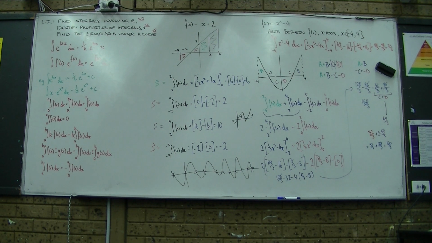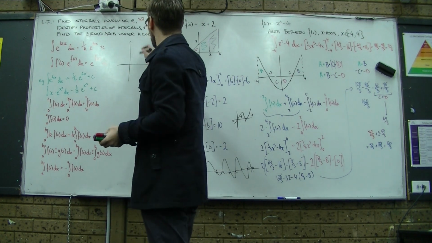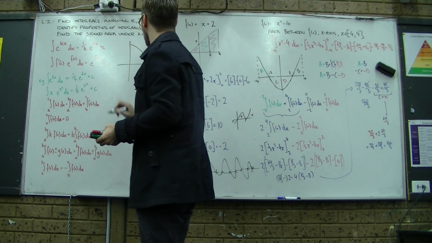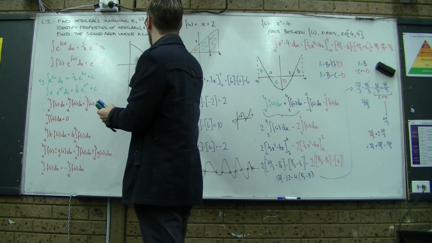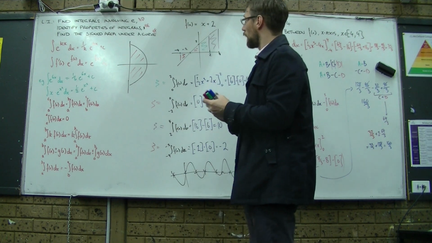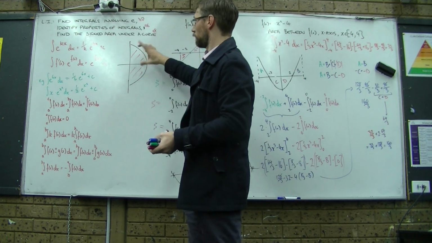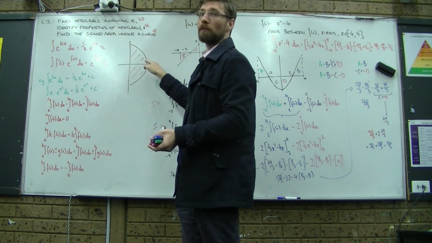But if the function, so say you have, and they do this in spec. Say you have that, and you want to know that area. If this was a perfect symmetrical thing, then you could just find the integral of this and times by 2.